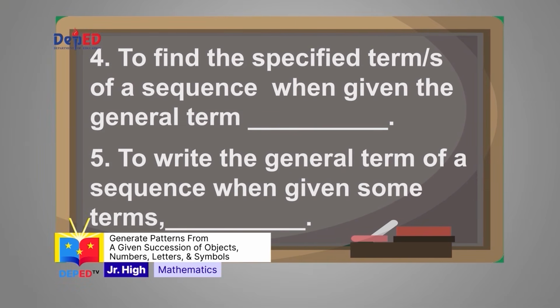Item number 4. The key steps to find the specified term or terms of a sequence when given the general term are. And item number 5. The key steps to write the general term of a sequence when given some terms are.